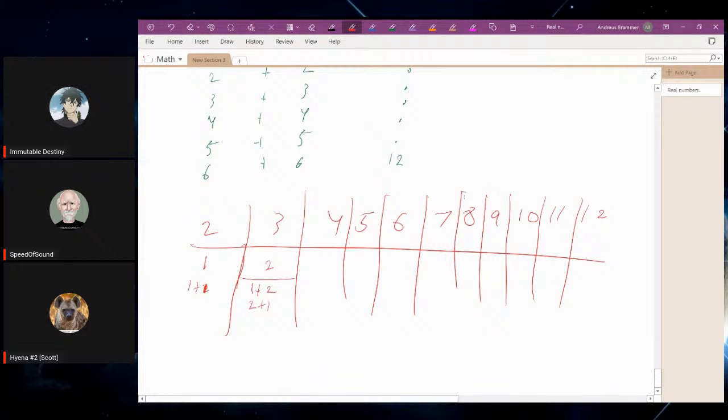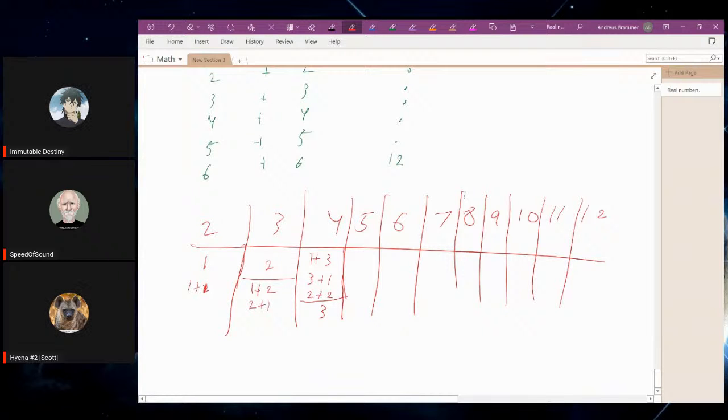Now, for 4, there are more ways I can do it. One of them would be 1 and 3, 3 and 1, and 2 and 2. So there's exactly 3 ways that I can do it for 4.